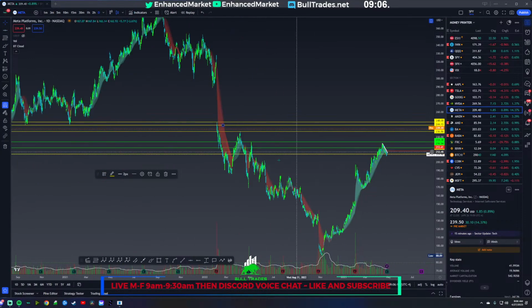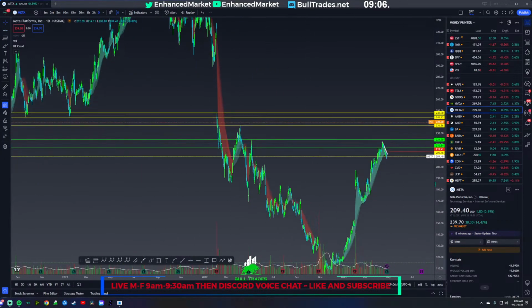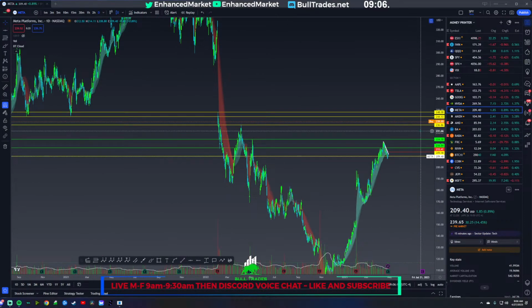So now we have our levels drawn out. 236.86, 244, and 248. If we see a pullback to 236.86 and hold, potential shot at just continuing to the upside. But if we break it, we might pull back to 224 or so.